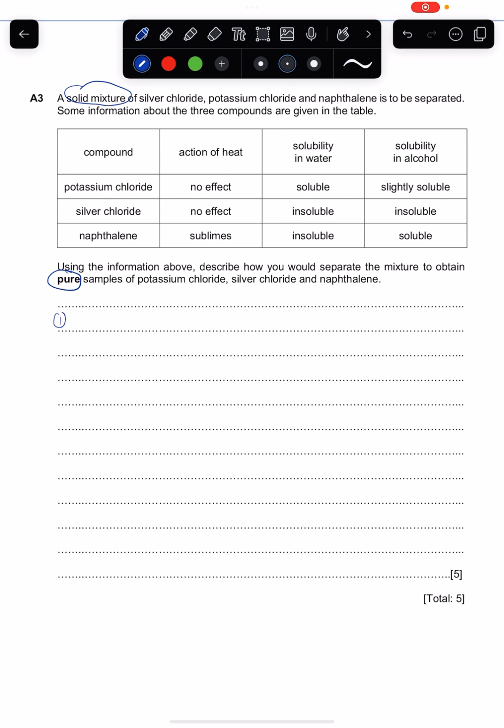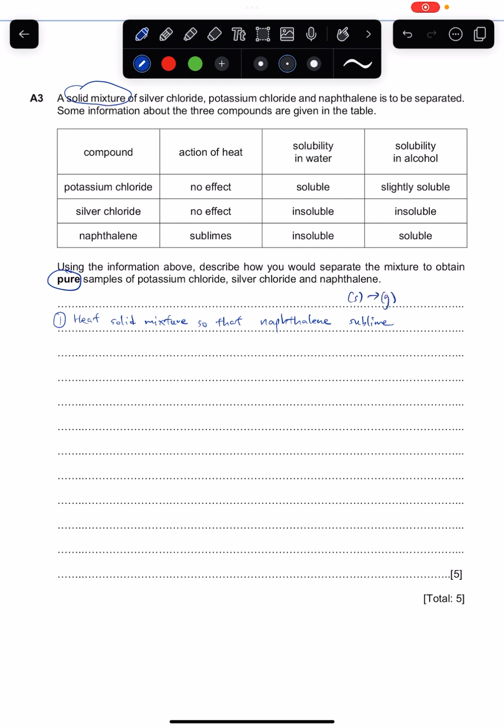I will first say that I will heat the solid mixture so that my naphthalene sublimes. Sublime means what? Sublime means solid to gas.